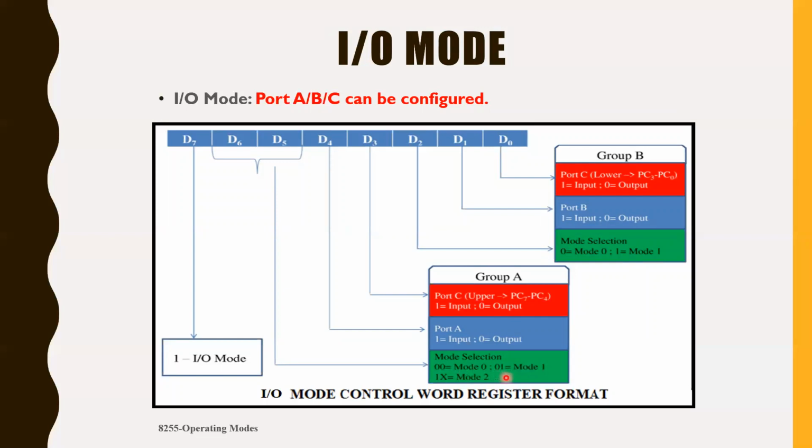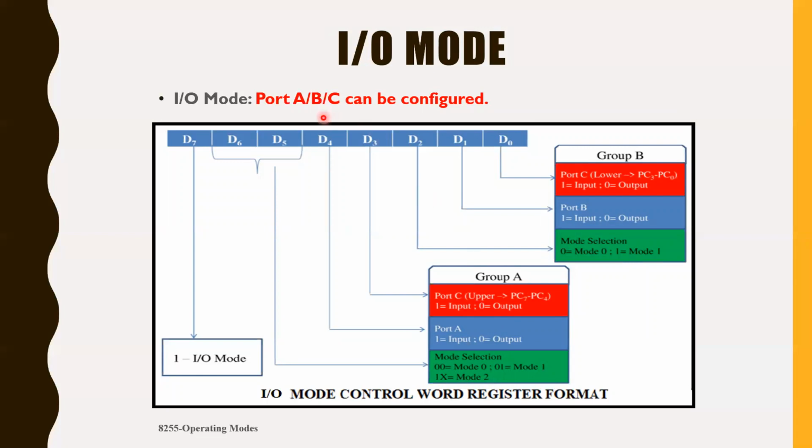If it is 0, 1, then mode 1 will be selected. And if it is 1 X, meaning X can be either 0 or 1, that is 1, 0 or 1, 1, under that condition, mode 2 will be selected for group A.